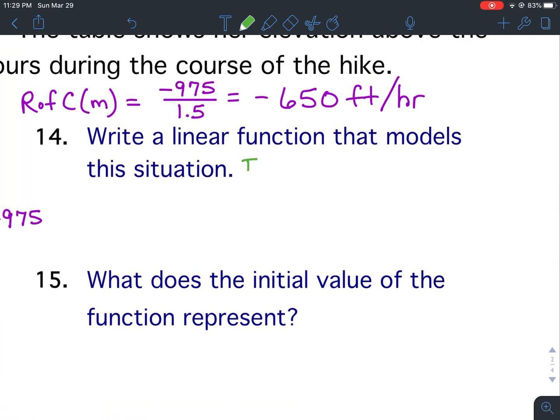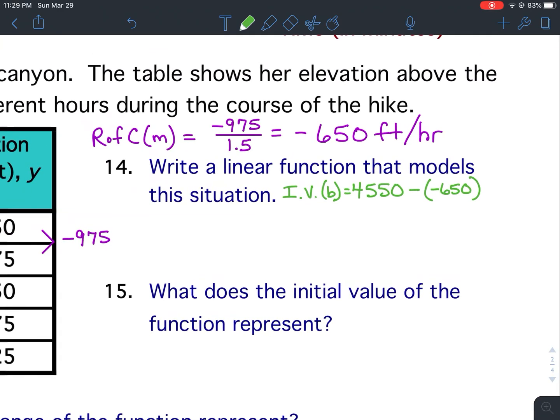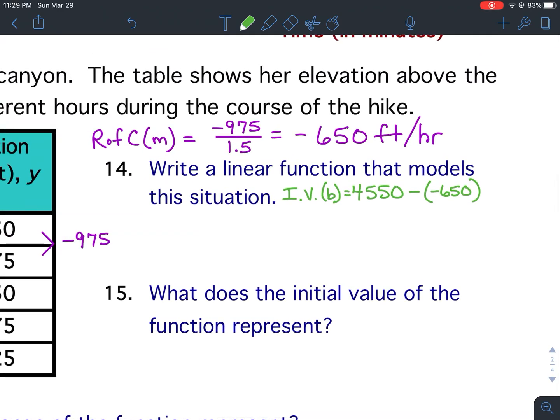So our initial value, our y-intercept, is 4,550 minus our slope. Now our slope is negative. Be careful there. The slope is negative, so you have to put minus a negative. You can't just put 4,550 minus 650. You have to put minus negative 650. Okay, so that means you're going to end up adding, which doesn't that make sense?